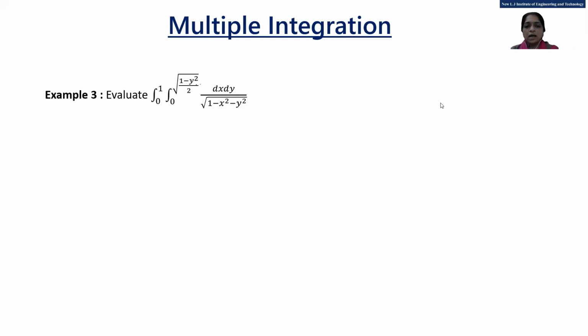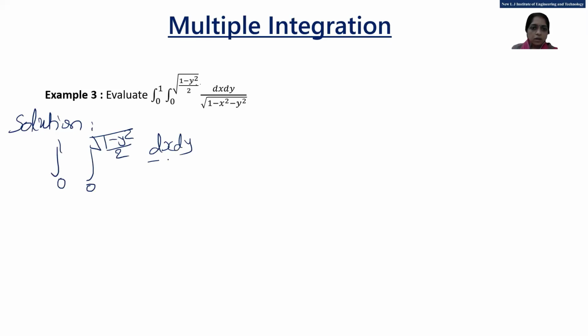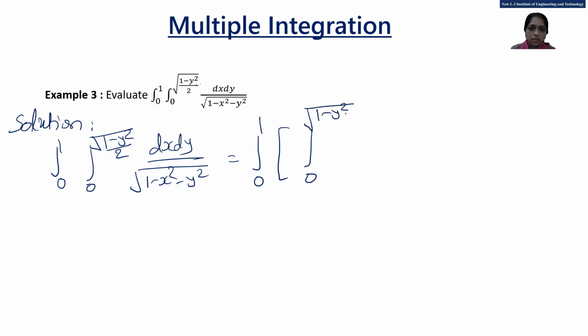Yes, very good. And they didn't ask for the sketch, so no need to draw any graph here. You have to just do the integration. So the solution here: 0 to 1, 0 to under root 1 minus y square by 2, dx dy upon under root 1 minus x square minus y square. As I want to do my integration first with respect to x, I keep this 0 to 1 in the bracket, 0 to under root 1 minus y square by 2, here dx.